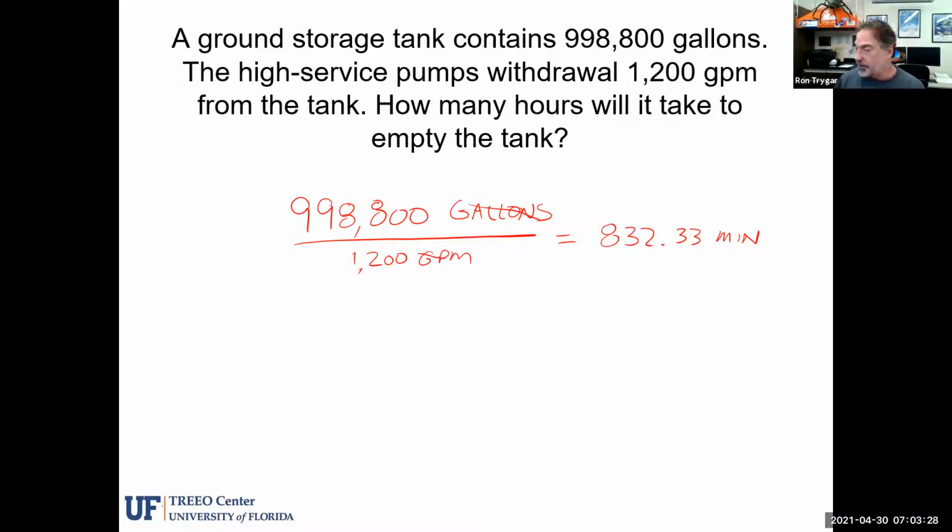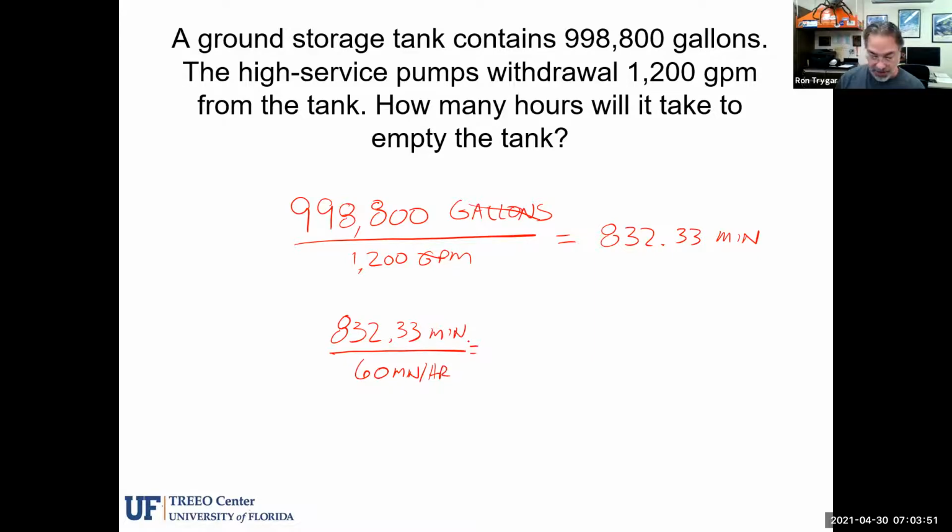So we've got 832.33 minutes of time, but we want this to be in hours. So we're going to take the 832.33 minutes, and now we want this in hours, so we're going to divide by 60 minutes per hour.